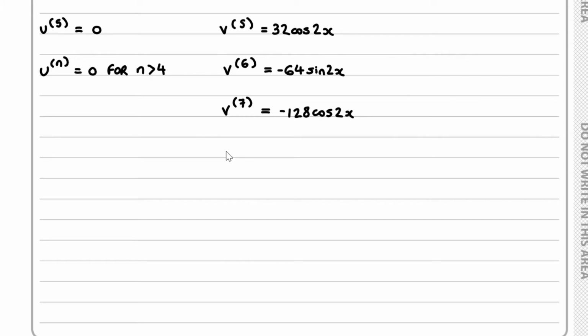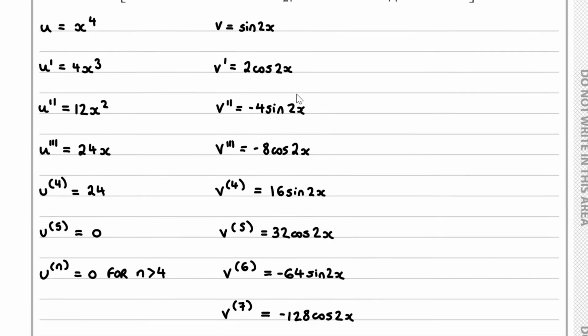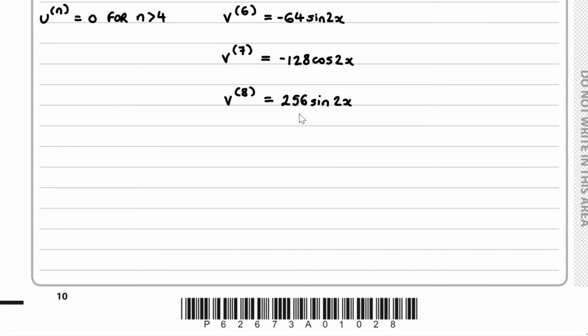And the eighth derivative of v is equal to 256 times the sine of 2x. So having worked out all these derivatives, what we can now do is apply Leibniz theorem.